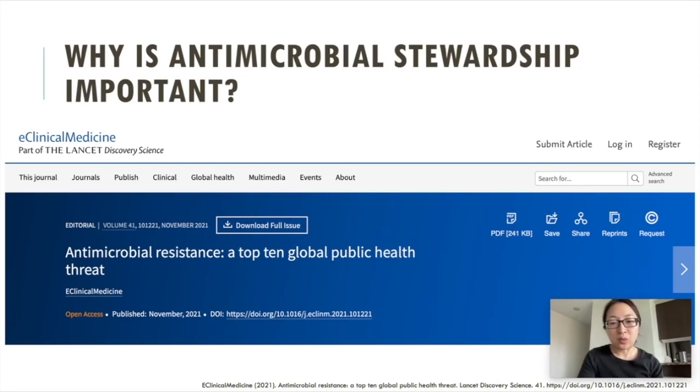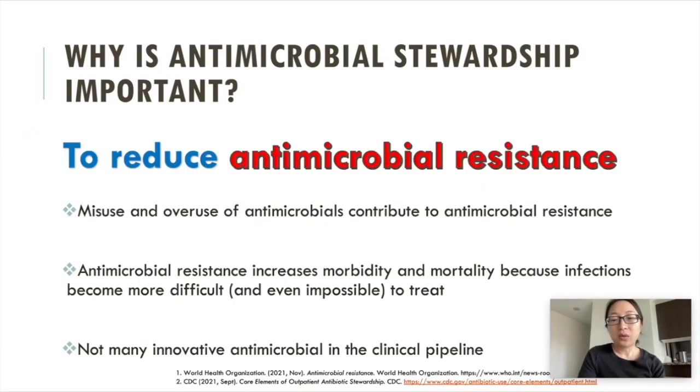Antimicrobial resistance alone led to an estimated 2 million infections and 23,000 deaths per year in the United States. Overusing antimicrobial agents is one of the most important modifiable risk factors contributing to this problem.